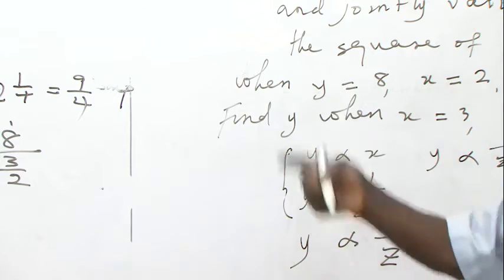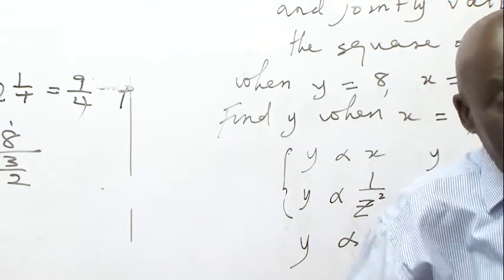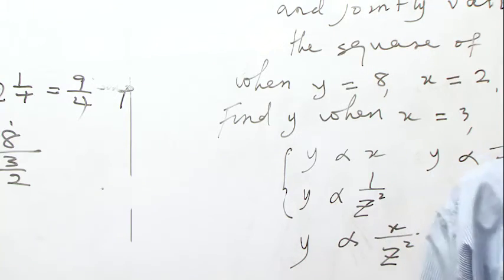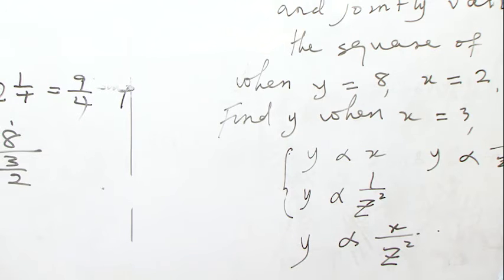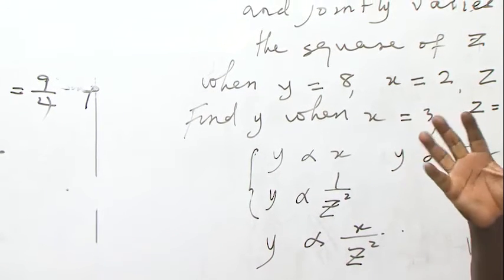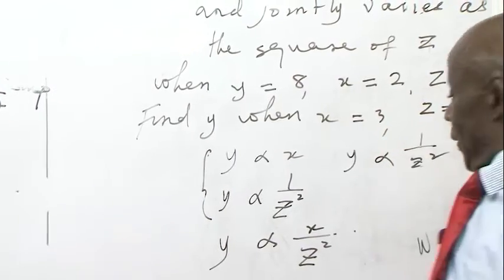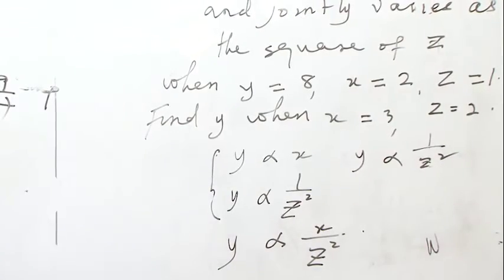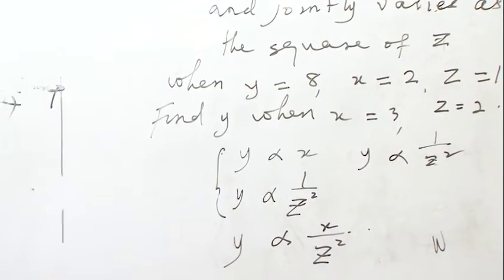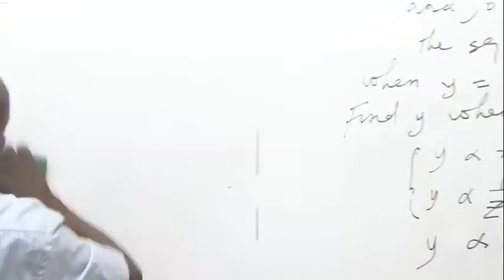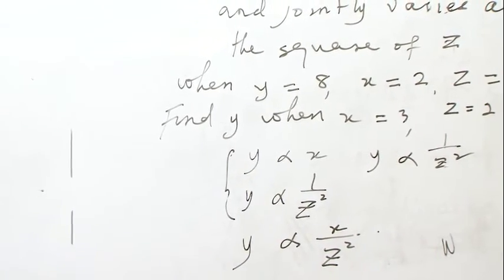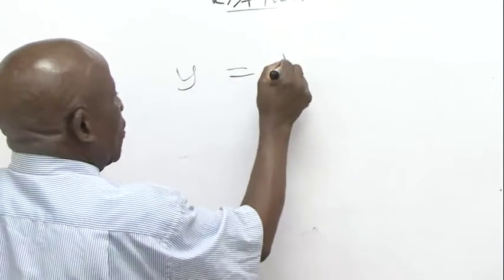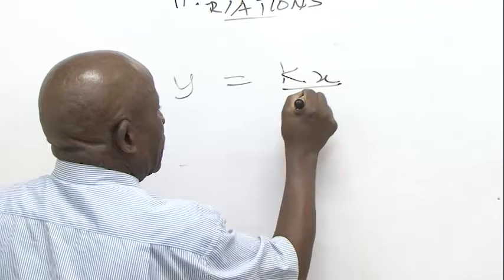Don't say because I've been using k, you are free to use c, you can use a, but don't use o, please, because if you use o, it may mean 0. Now let's continue. From there, remove the proportionality sign. Y equals a constant times x all over z squared.